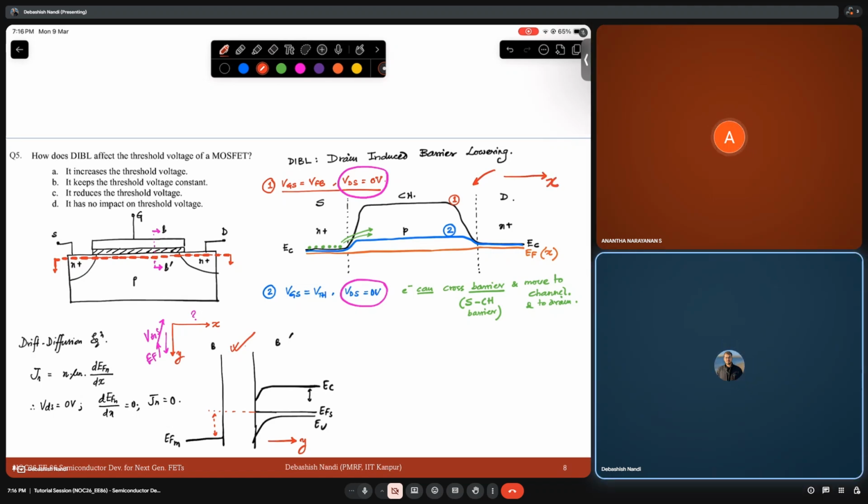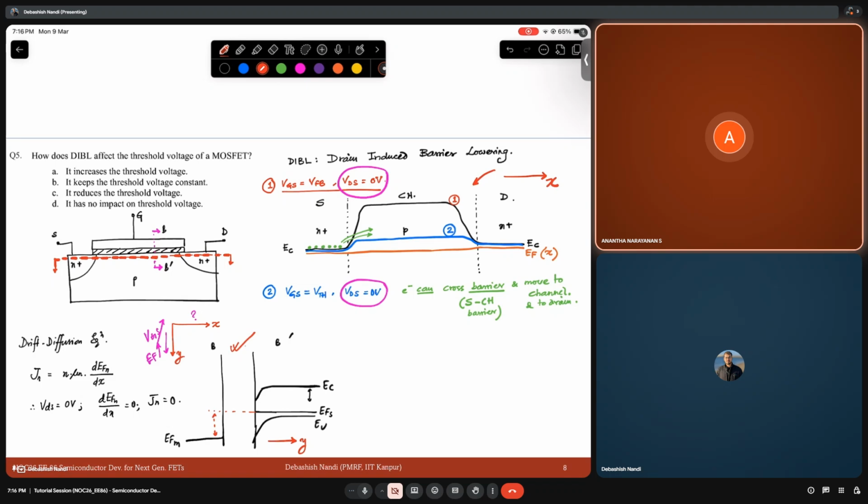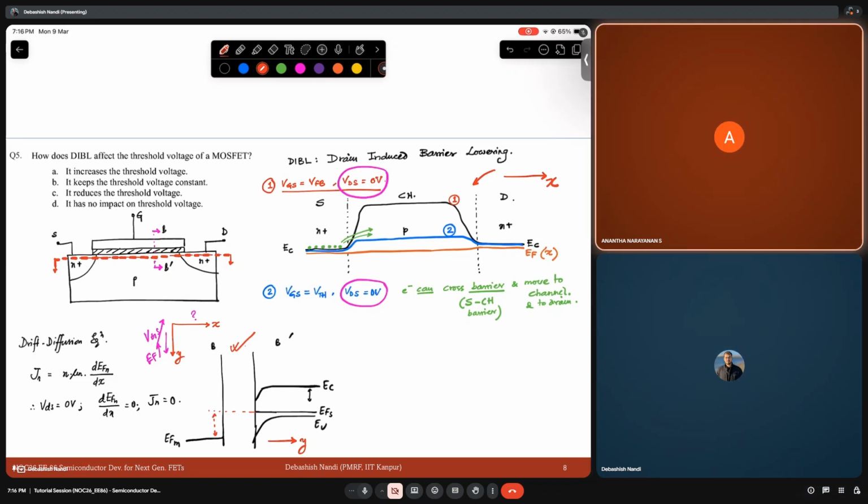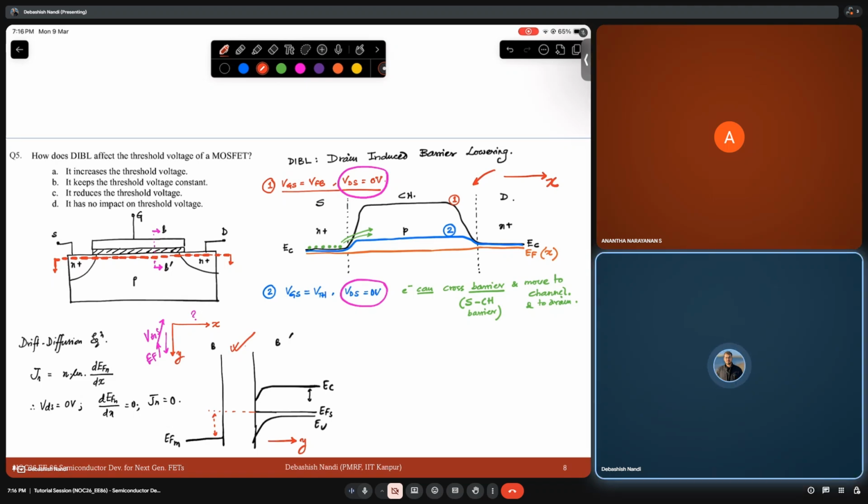Yes, sir. But won't there also be a Y? I thought there would also be a Y direction for that band diagram, sir. Yeah, there will be a Y direction for that band diagram. But you see, the issue is with the visualization of the graph.